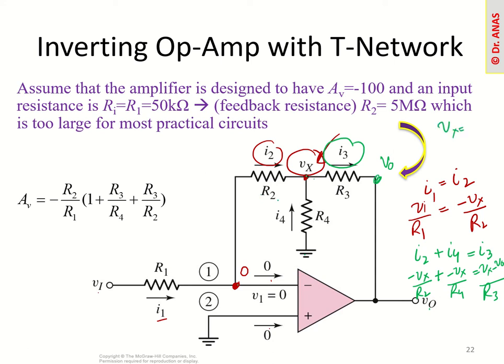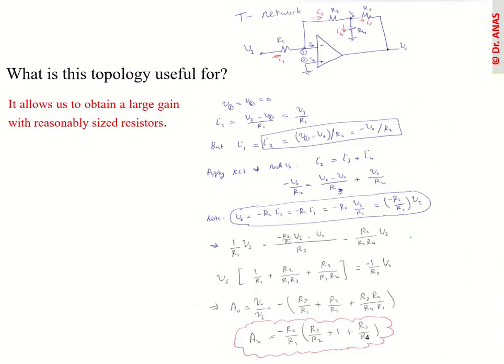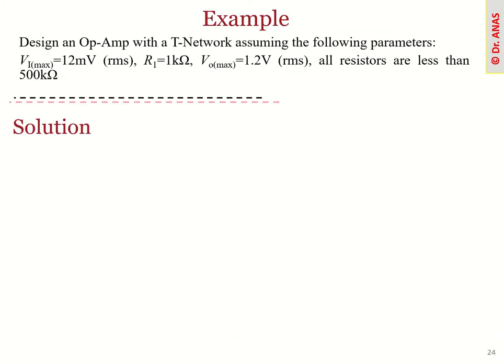So Vx is basically minus I2 into R2. Just plug in the numbers and resolve, and this is the given solution, which is detailed step by step. Eventually, if we do some manipulations, we get this formula, which is written here.